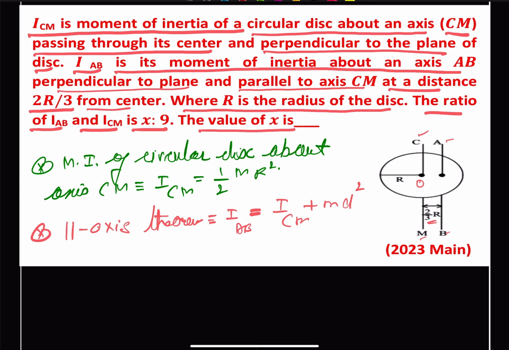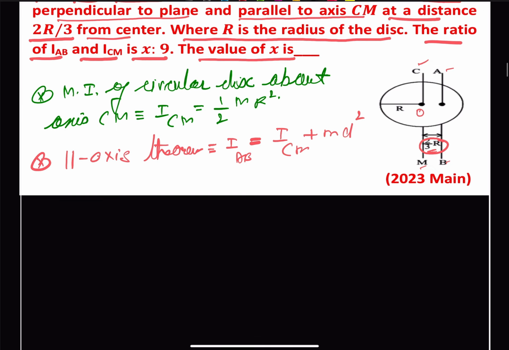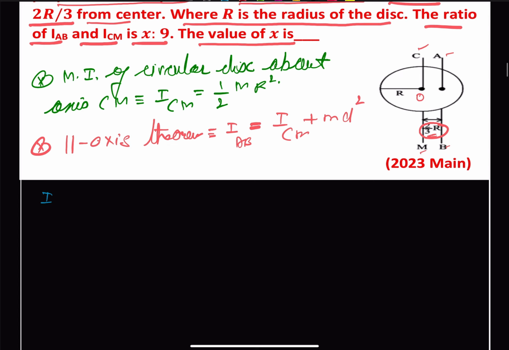Here the distance between the two axes is 2 by 3 r. So we substitute and we get IAB will be equal to ICM, which is 1 by 2 mr square, plus mass, and distance is 2 by 3 r whole square.